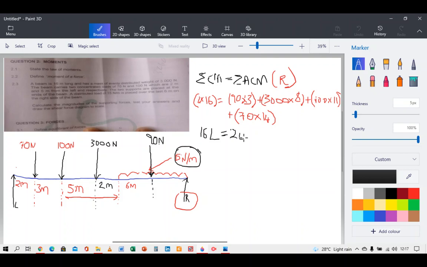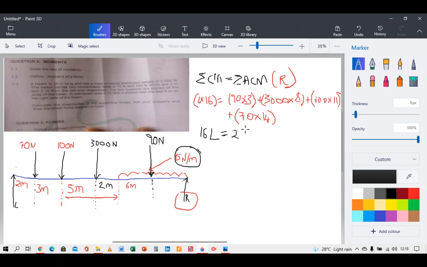You get 26,350. Let me just try to be accurate.